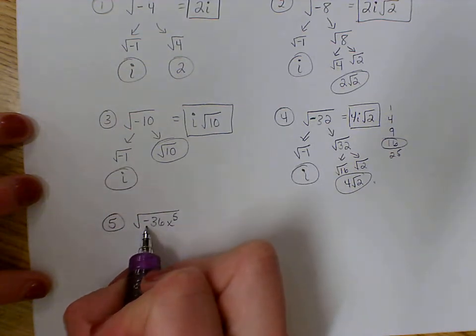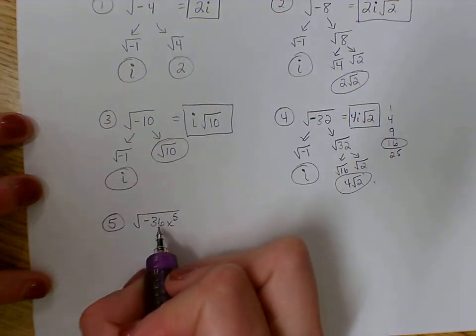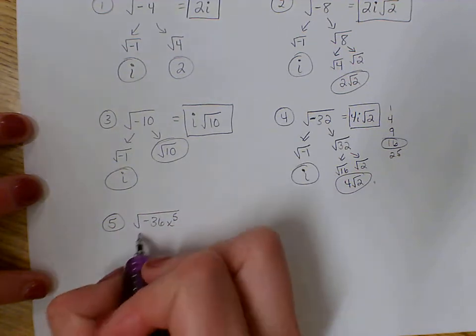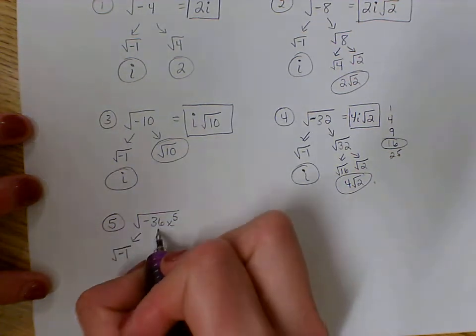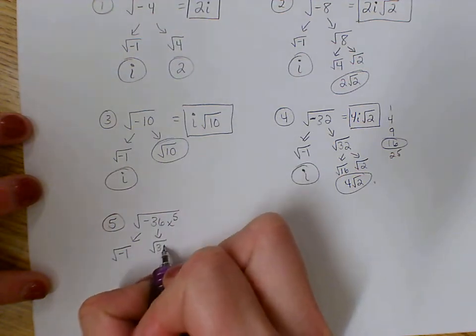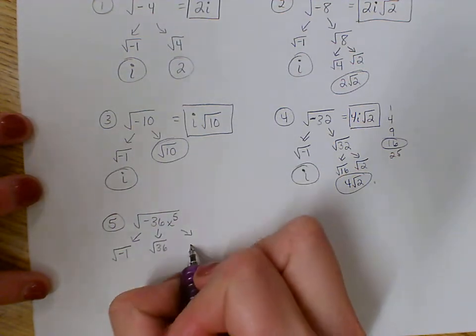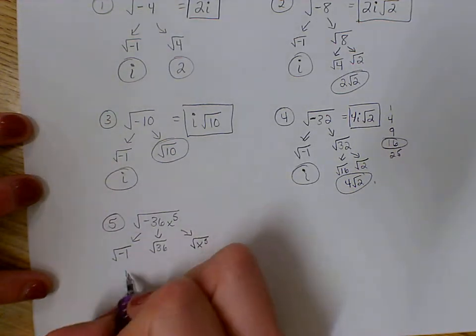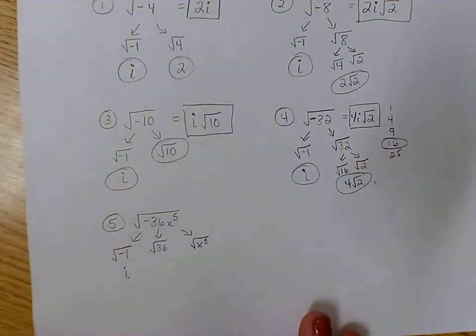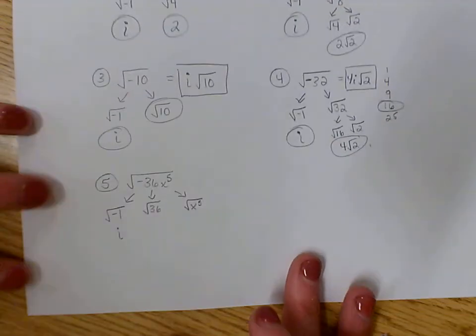So you've got the negative, you've got the 36, and then you have the x to the 5th. So you actually have to break this into 3 things. You have the negative 1 for the negative, the square root of 36, and then the square root of x to the 5th. So that's going to be i. And then the square root of 36, that is a perfect square.